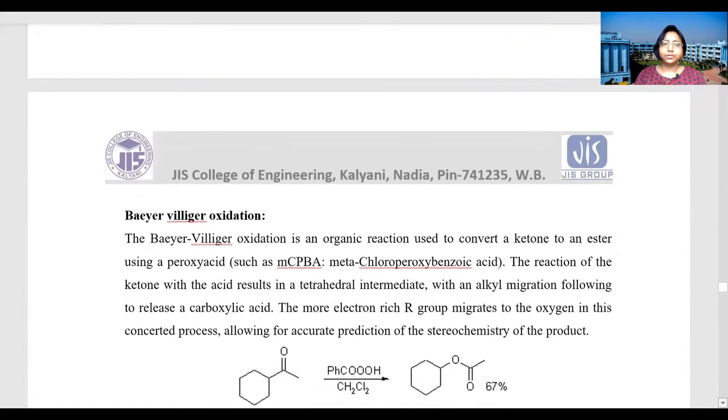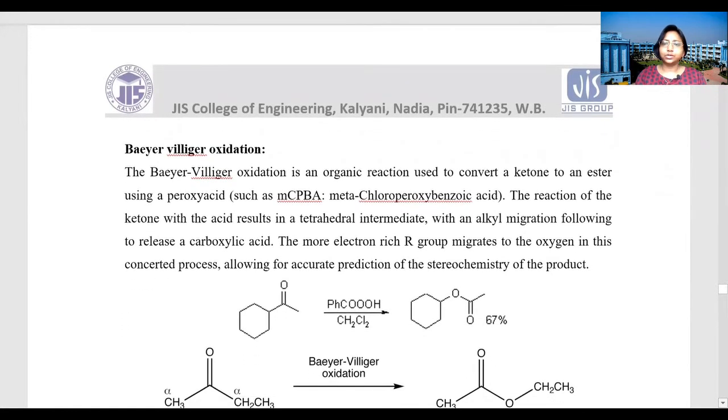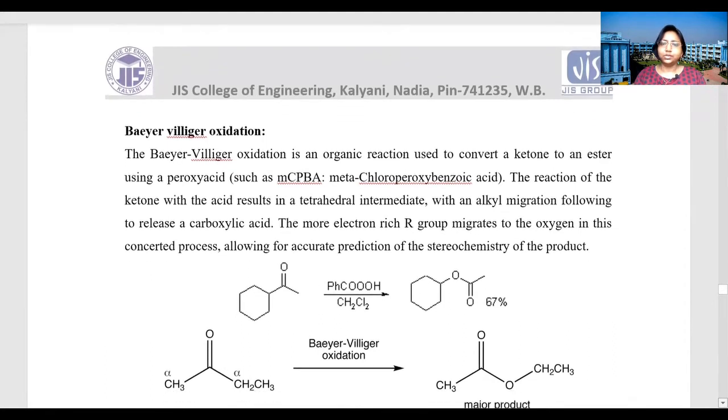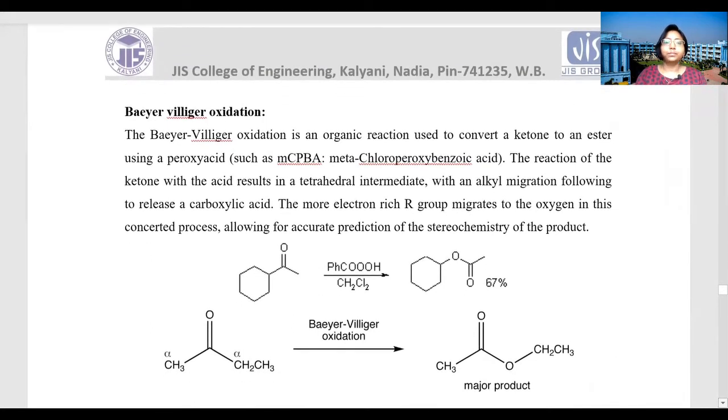Now come to the oxidation that is called Baeyer-Villiger oxidation. What is it? The Baeyer-Villiger oxidation is an organic reaction used to convert a ketone to an ester using a peroxy acid such as MCPBA, meta-chloroperoxybenzoic acid.